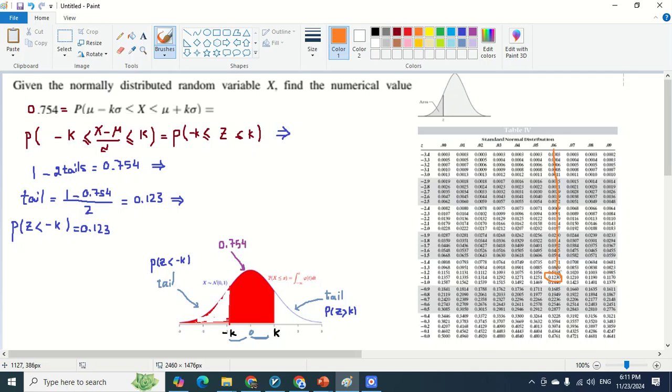So by just finding the corresponding value at the top and the left side of that one, we realize the value of minus k over here is, if you take a look, minus 1.1, and the second digit is 6.